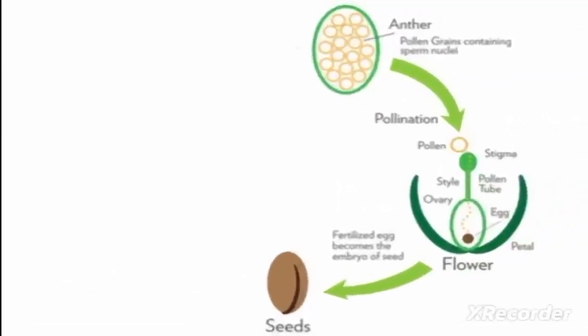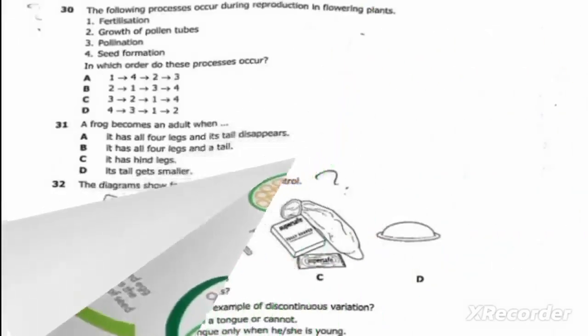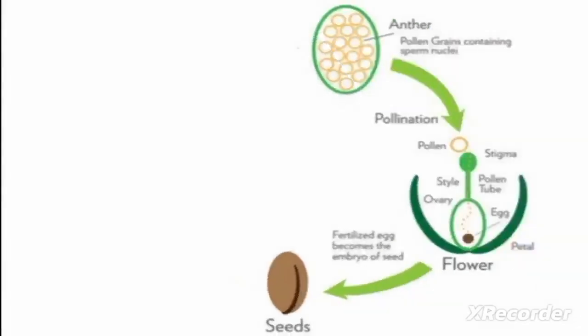So like I said, the first process is pollination. Pollination is the release of pollen grains by the anther onto the stigma, followed by development of the pollen tube, then followed by the fusion of the male cell and the female cell, the pollen grain and the ovum found within the ovule.